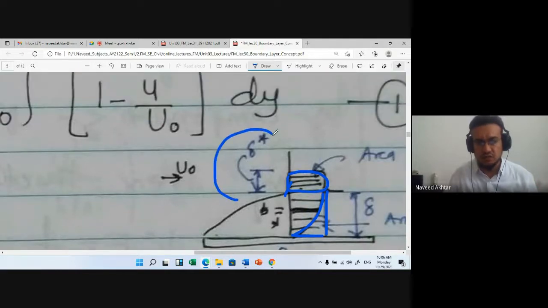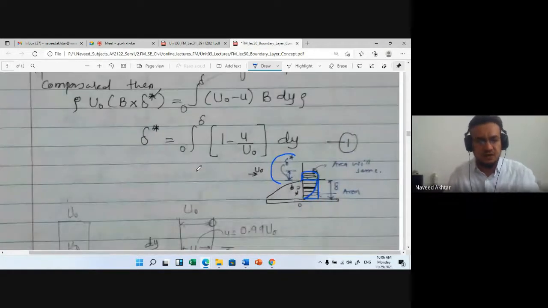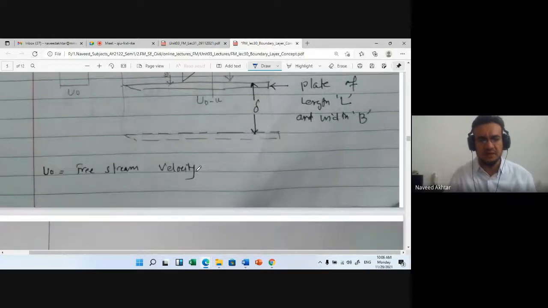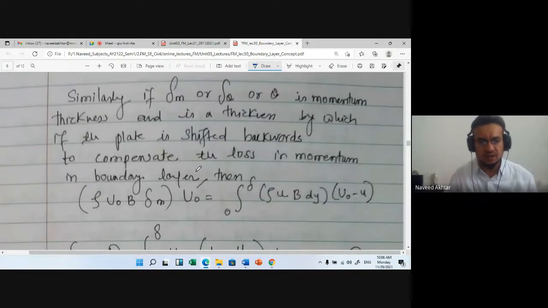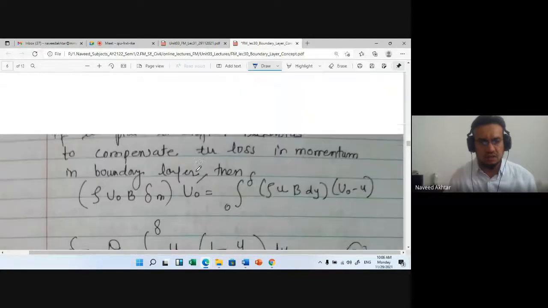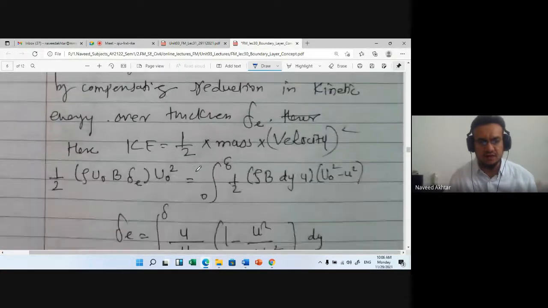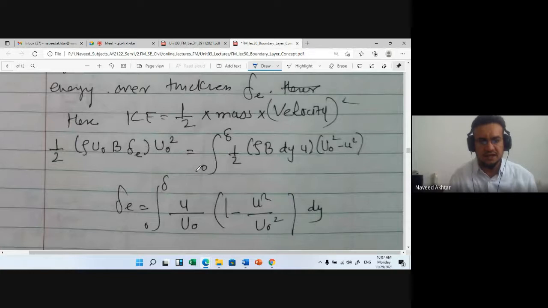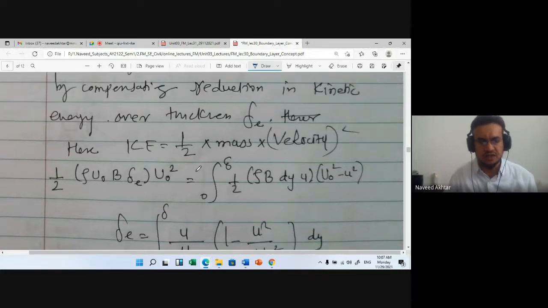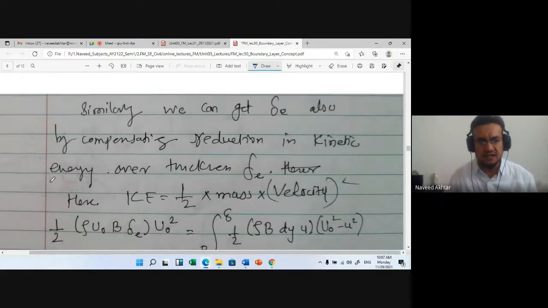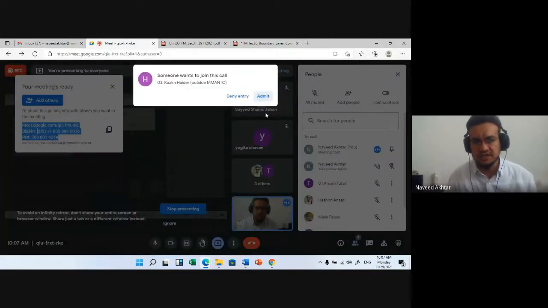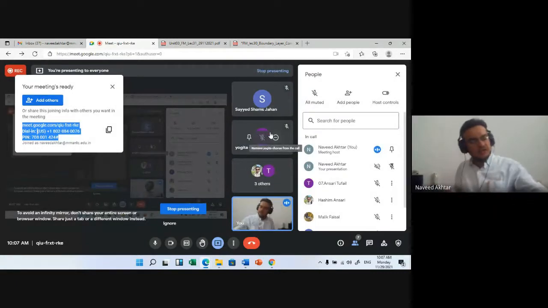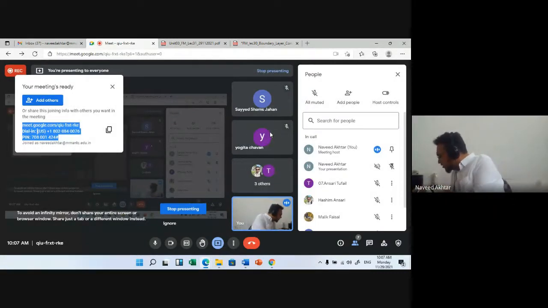That is the displacement thickness. Due to the momentum we find the momentum thickness delta m or delta theta, using the same boundary layer condition. Then we find the energy thickness using the kinetic energy, which is half into mass into velocity square.